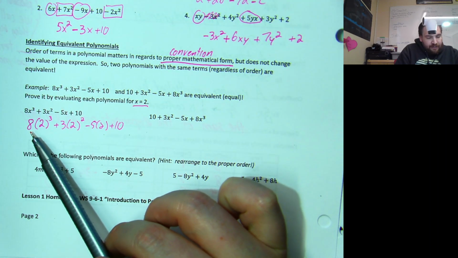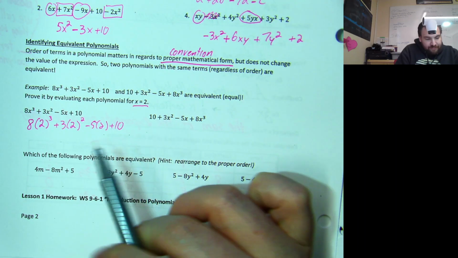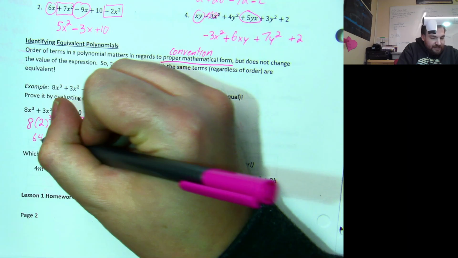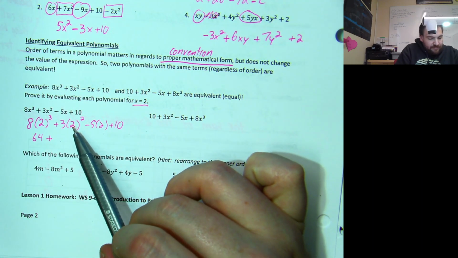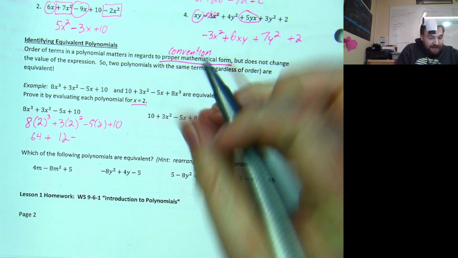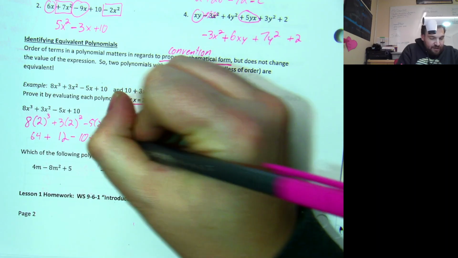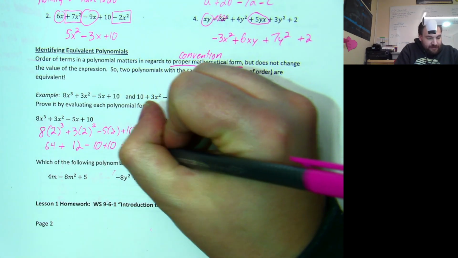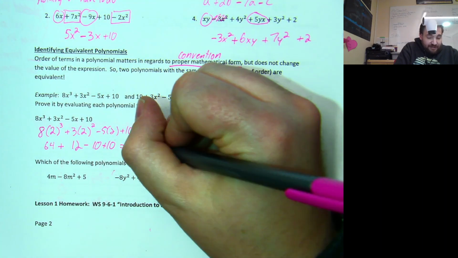So then, what's it going to be? 8 times 8, which is 64, plus 3 times 4 is 12, minus 10 plus 10. So 64 plus 12 is 76, and then I'm subtracting and adding 10, so nothing happens there. So that's just going to be 76.